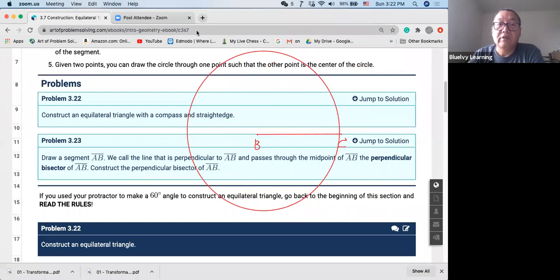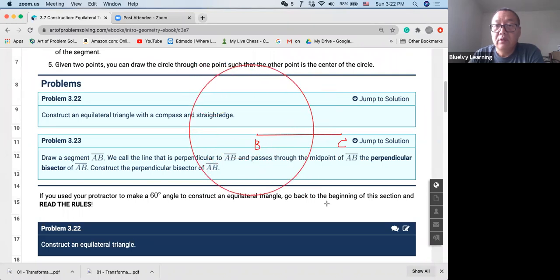Okay, now let's first draw this segment BC, then draw a circle, something like this. Then another circle.